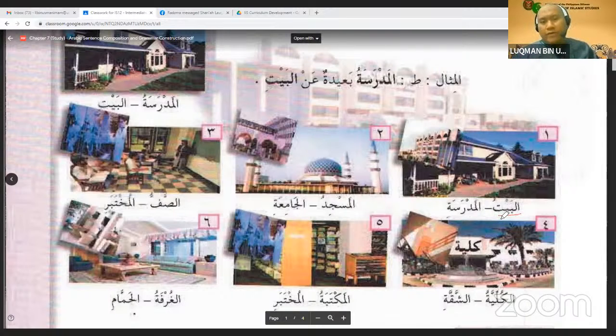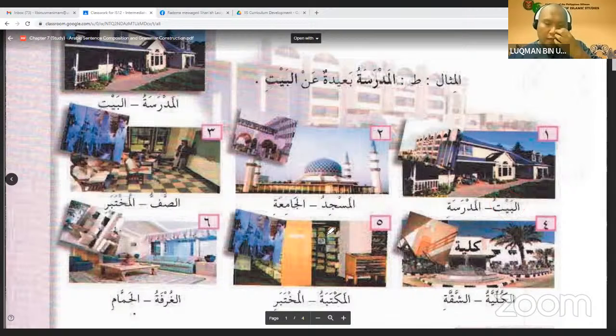Al-baytu ba'idun anil madrasati. So the gender of the predicate should agree with the gender of the subject. Here, ba'id is the predicate, so we are going to use the masculine form because al-bayt is masculine.